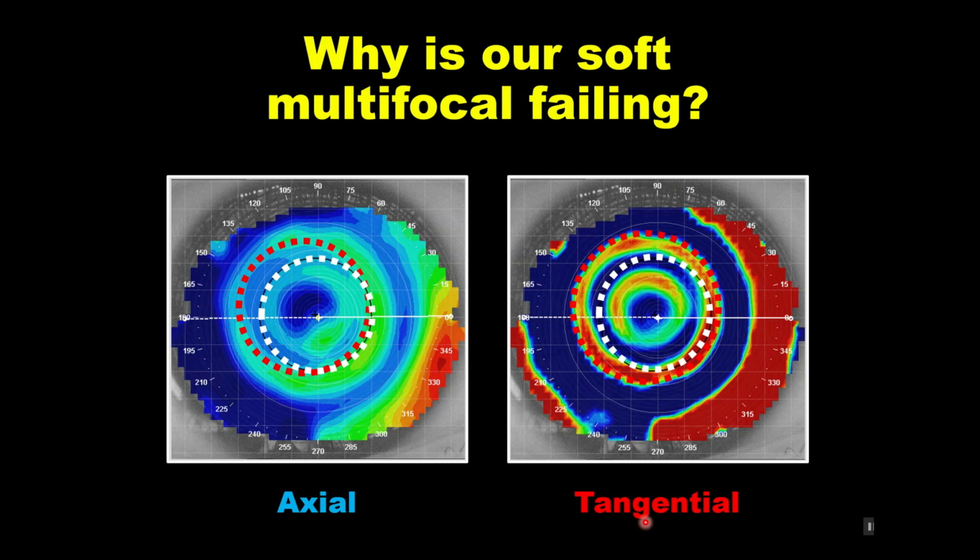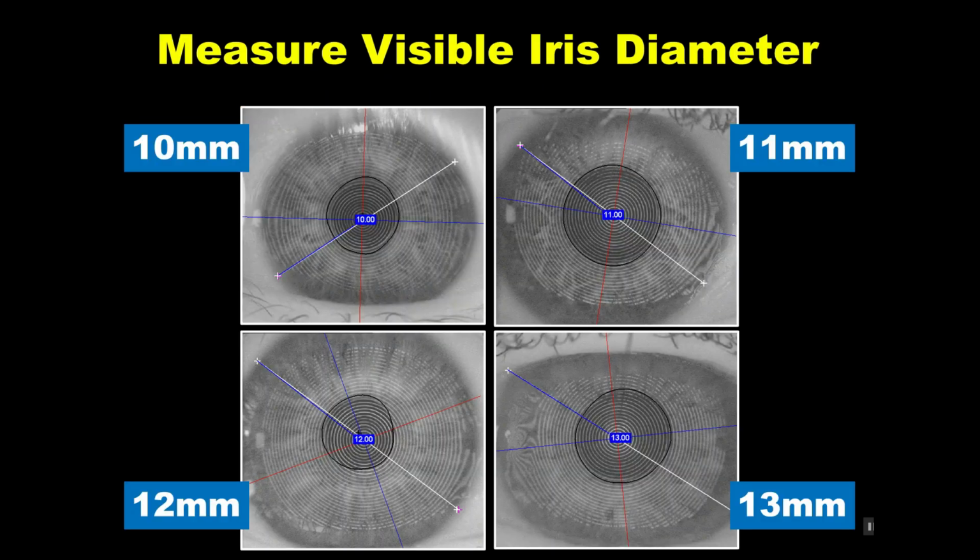And maybe multifocal lenses are not going to be successful for this patient. It might not be worth trying a whole slew of different designs because we'll never line up the optics of the lens without decentered optics in our multifocals.